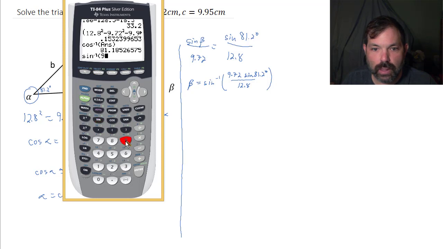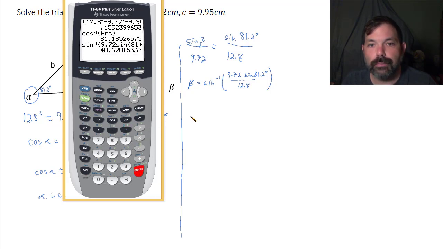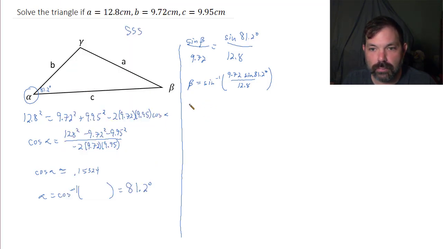So sine inverse 9.72 sine 81.2 divide 12.8. Close that off. 48.6 degrees.